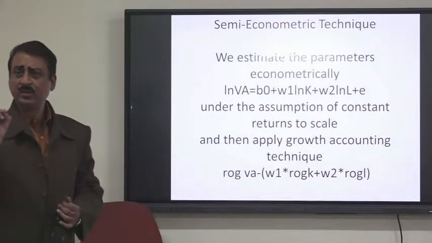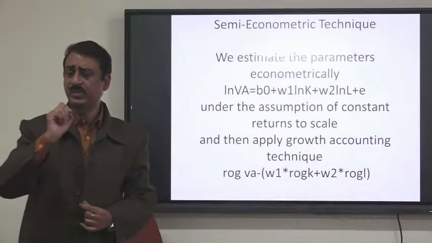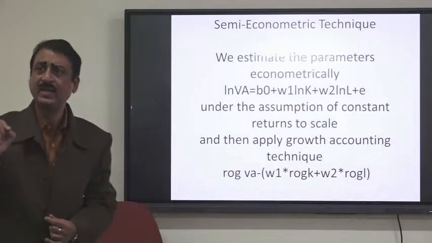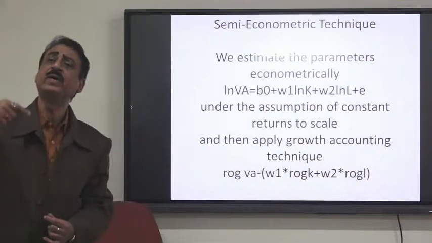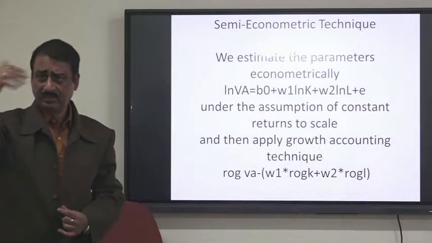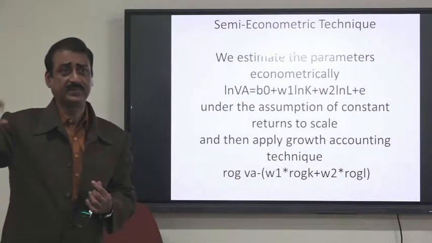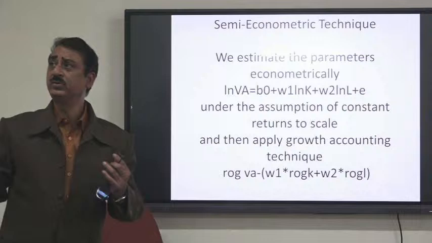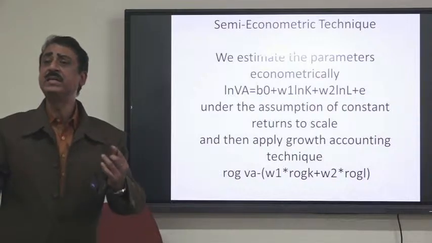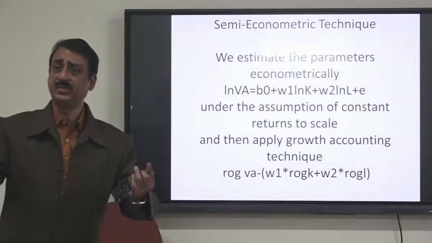It's a simple rule of thumb. Suppose you say today's 120 is actually equivalent to 100 of the initial year, in terms of prices. So suppose today you are using 5 million rupees of capital.